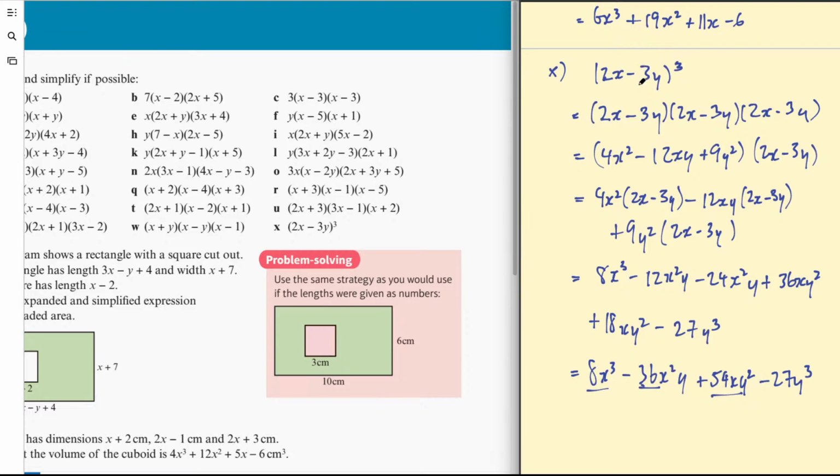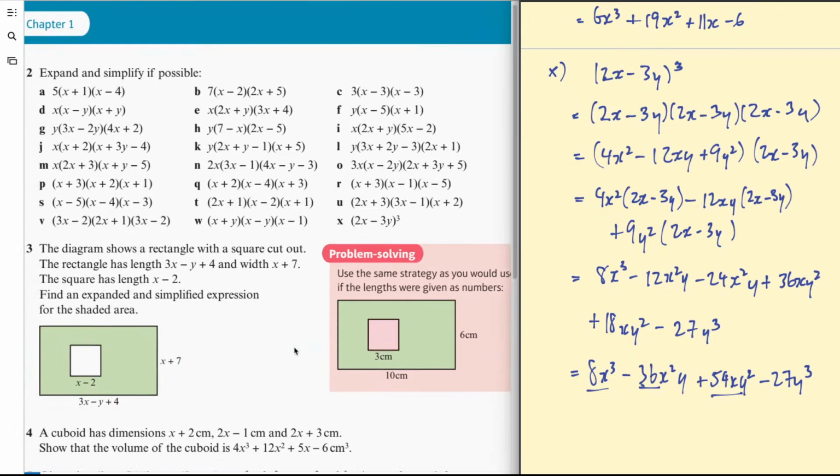This number squared, but then it would be a negative. What about 54? That's 3y squared times 6. Anyway, something to think about.